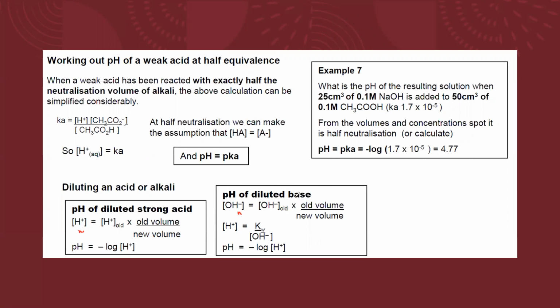Diluting a solution means adding water, so the volume changes. Sometimes when a reaction occurs the solution is also diluted, because acid and alkali both contain water. The formula is: new hydrogen ion concentration is old hydrogen ion concentration multiplied by old volume divided by new volume, because the moles will be the same.